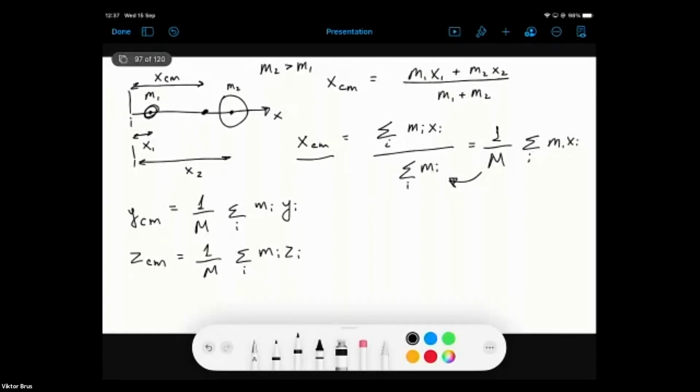In another format, the position of the center of mass can be given by the position vector. So r center of mass is equal to x center of mass times the i unit vector plus y center of mass times the j unit vector plus z center of mass times the k unit vector.